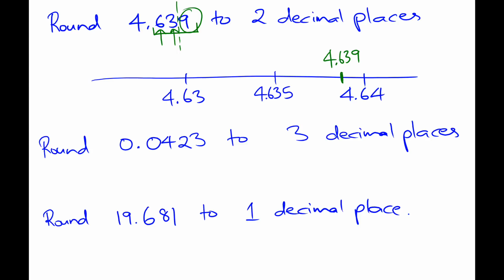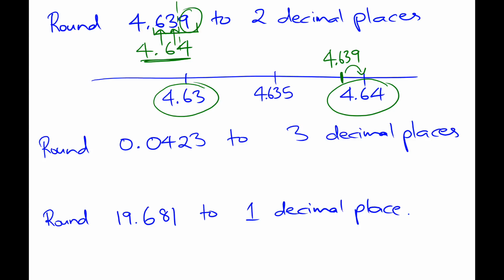If we round this number to 2 decimal places, either we're going to have 4.63 or 4.64. You can see that 4.639 is actually closer to 4.64. So this final answer becomes 4.64. So that 4.64 is 4.639 rounded to 2 decimal places.